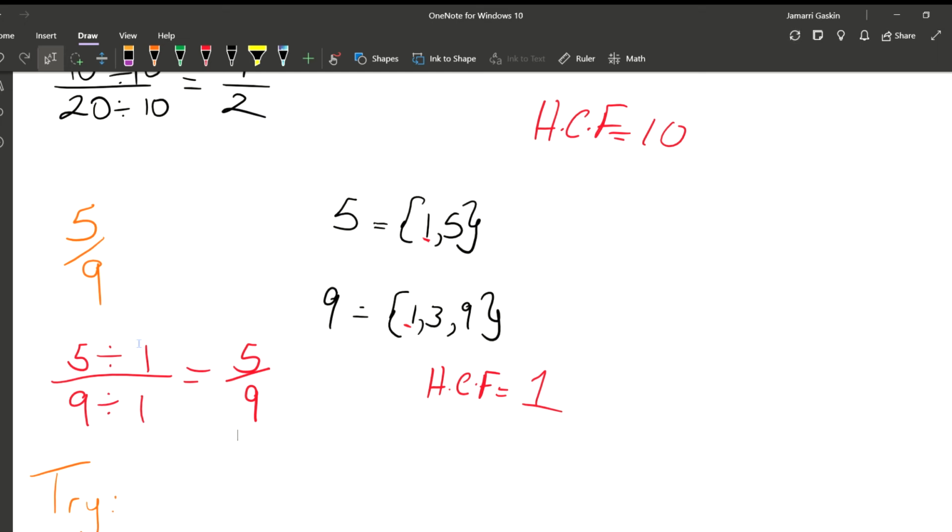The reason for that is that 5 over 9 was already in its lowest terms. So whenever you have a fraction where the only common factor is 1, you don't have to do anything else. It's already in its lowest terms, 5 over 9. All right?